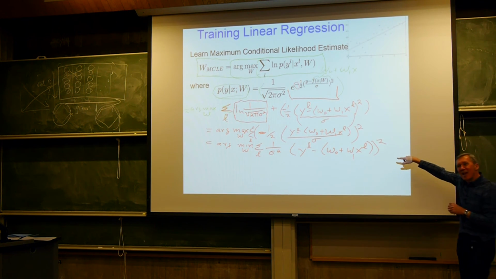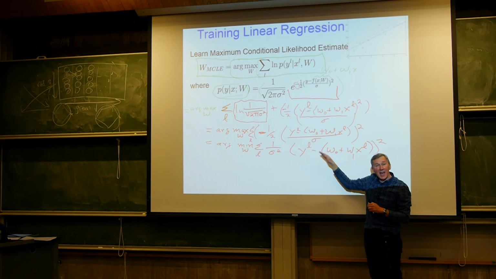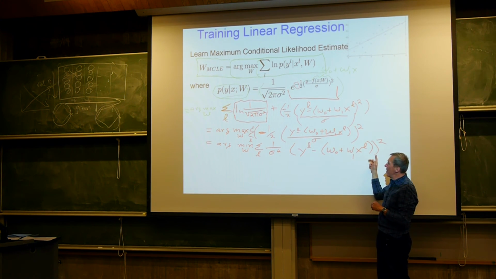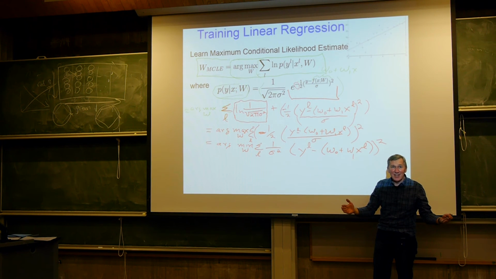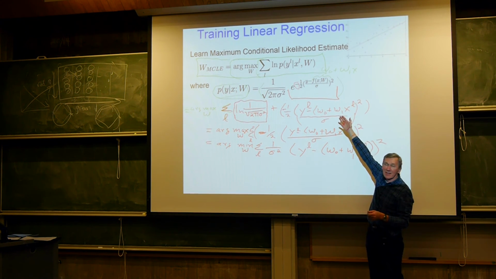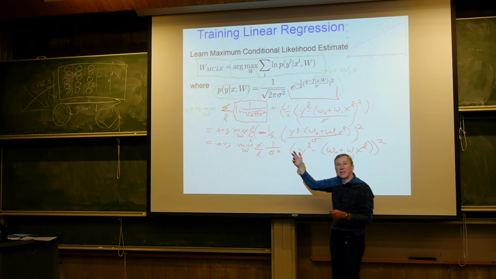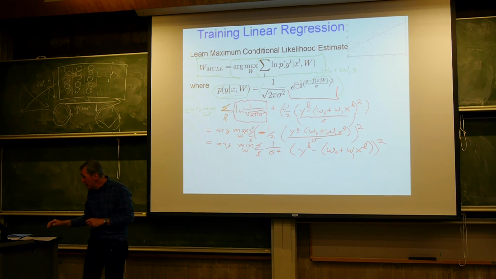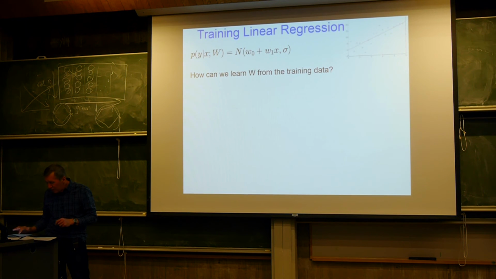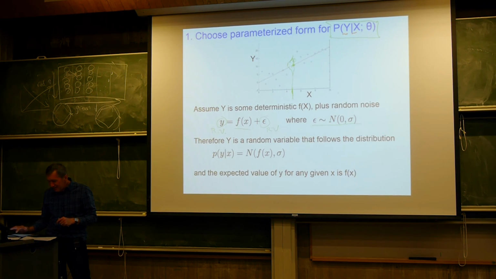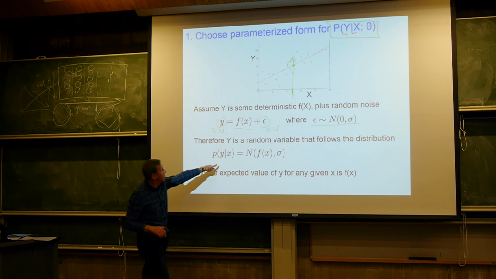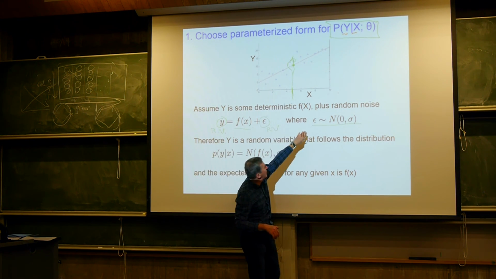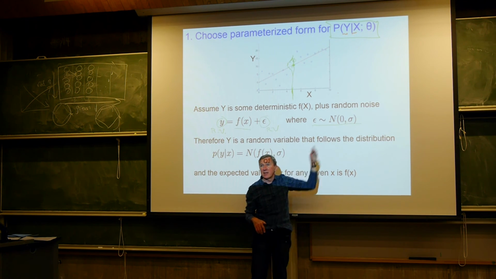But here you can see that, in fact, a good justification for that is that minimizing the sum of squared errors is identical to maximizing the conditional likelihood of the observed y's given the observed x's under this pretty reasonable probabilistic model that we're assuming here. That is, our data is perturbed by zero mean random Gaussian noise.